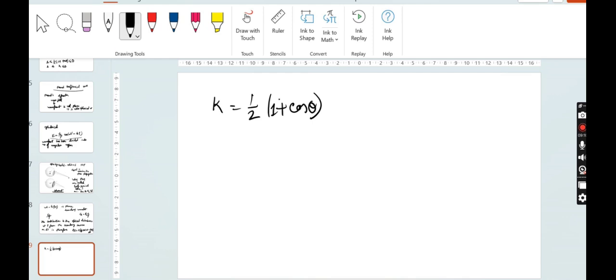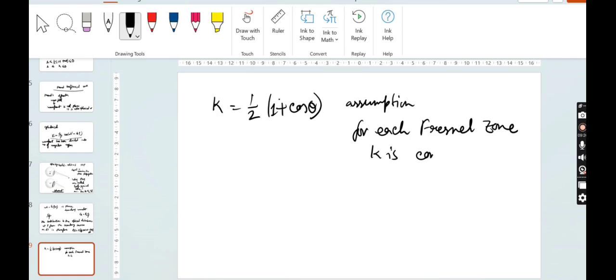And we make the assumption here that for each Fresnel zone, K is constant. ds, we know, is rho d phi times 2 pi rho sine phi.